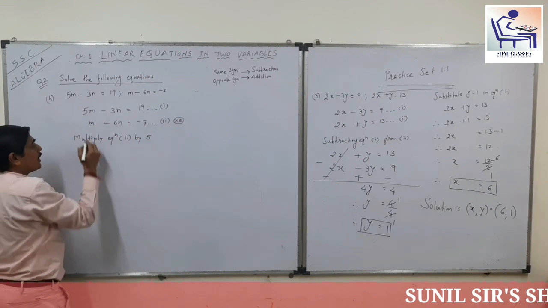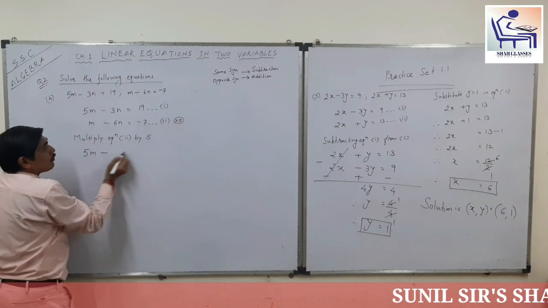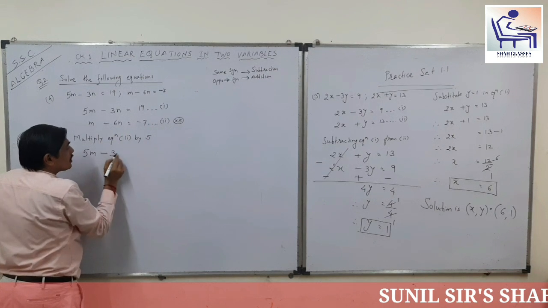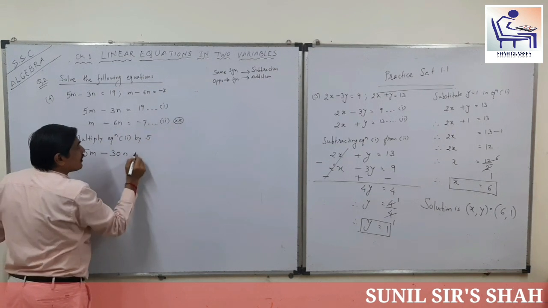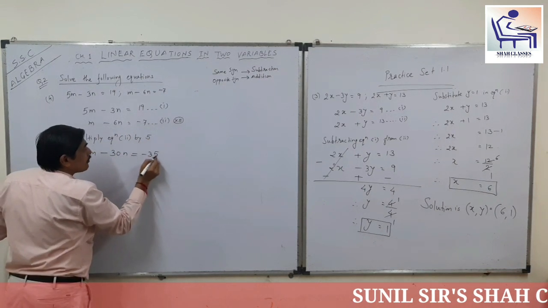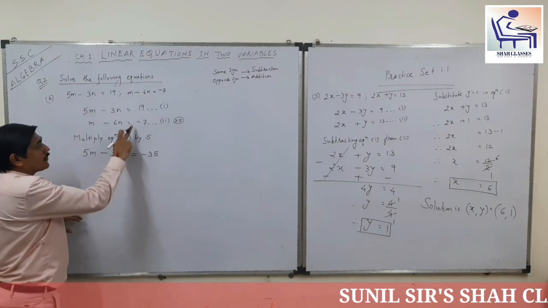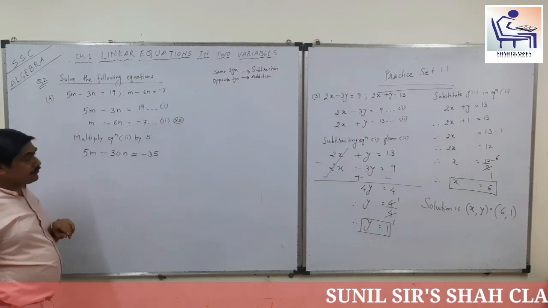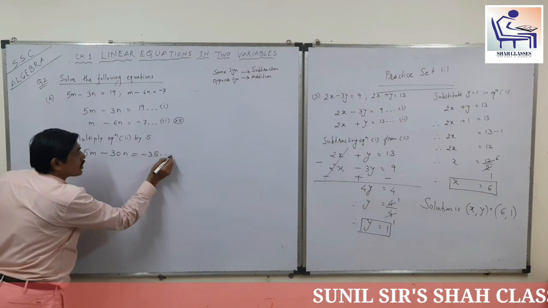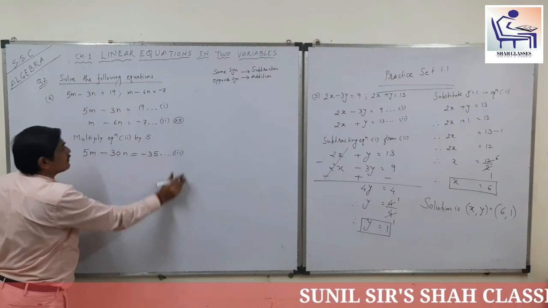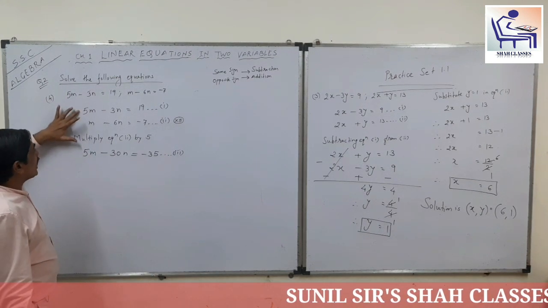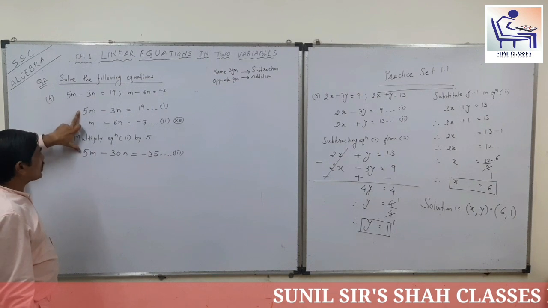So now 5m minus 5 6s are 30n and 5 7s are 35, but minus 35, as here it is given as minus 7. And so we got the equation number 3. Now we can see that equation 1, equation 3.